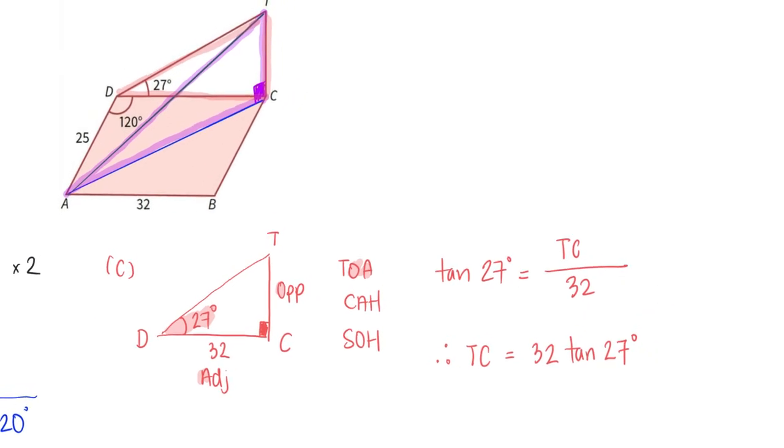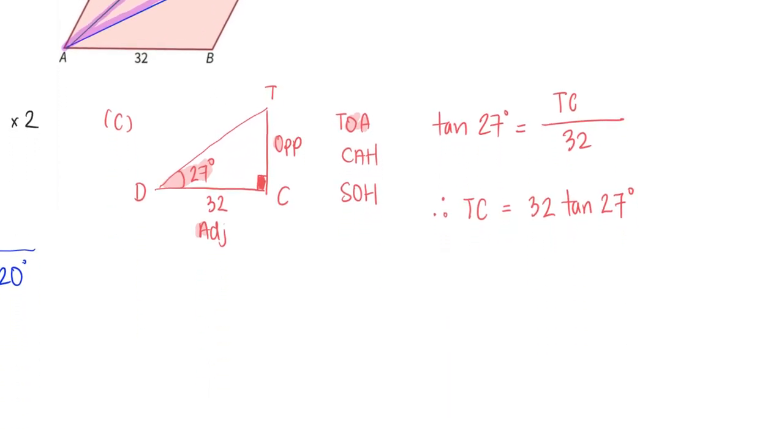Now to focus back on my purple color triangle, which happens to be a right angle triangle that I'm going to draw out: T, C, A. And TC, I got my answer previously, 32 tangent 27 degrees.